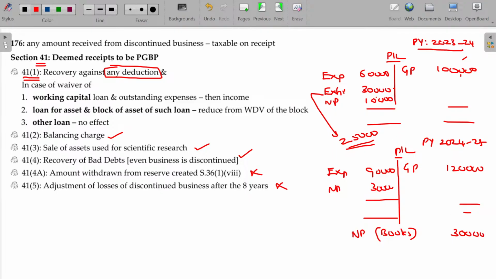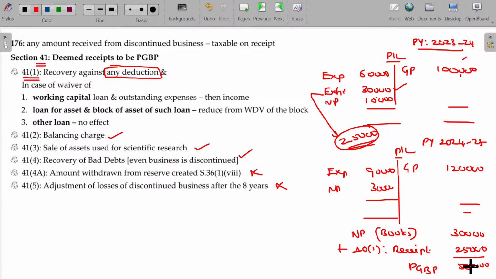An amount claimed as deduction in the previous year, if later you recover this amount, will be considered as your income, deemed income under section 41 class 1, receipt of deductions claimed earlier. Then now taxable PGBP in this case being 55,000.